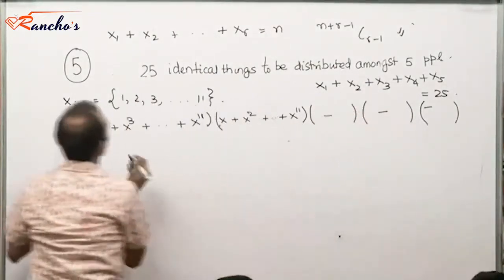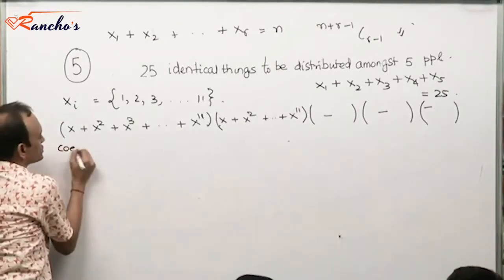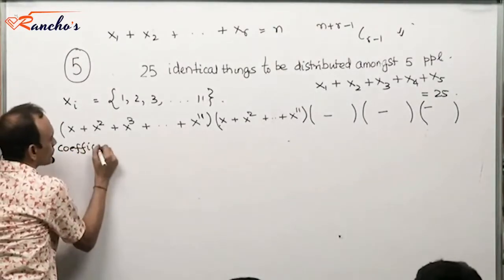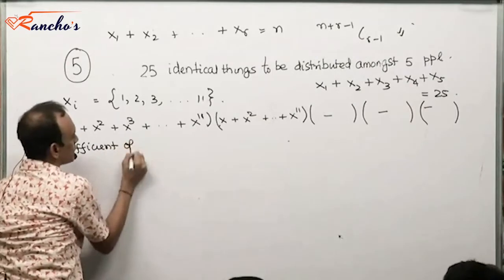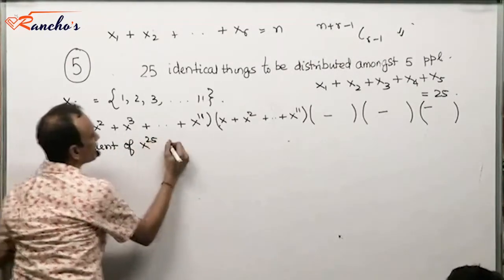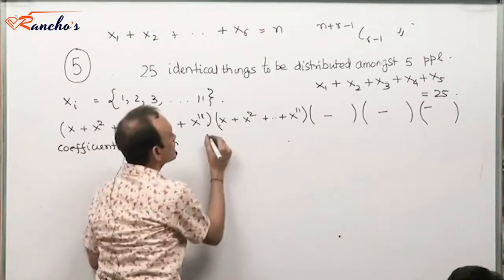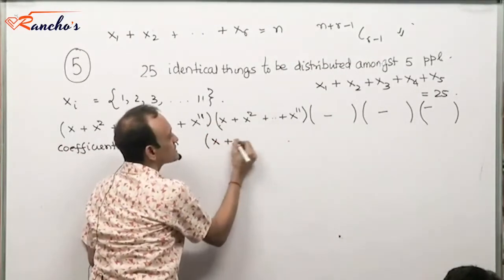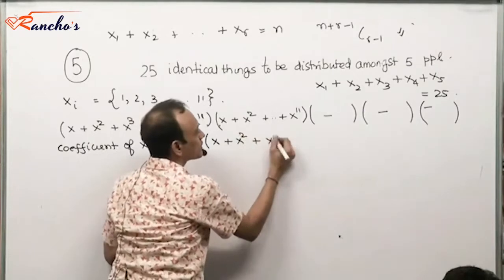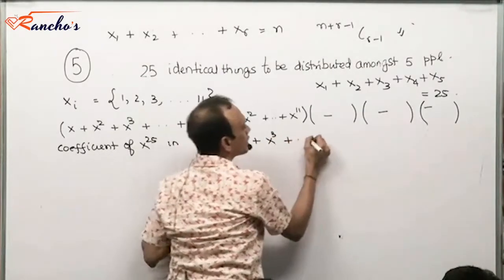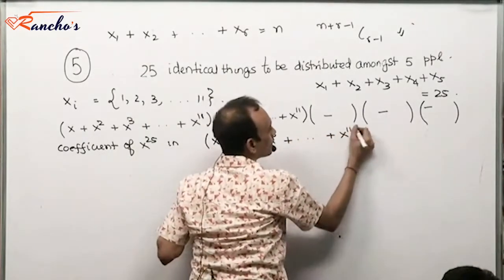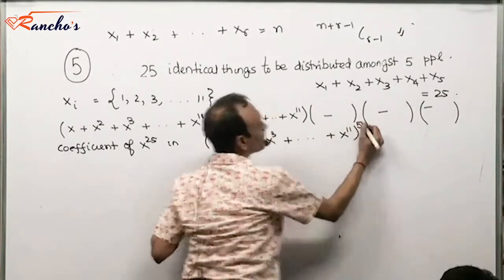So essentially we are seeking the coefficient of x power 25 in this product of 5, which is x plus x squared plus ... whole to power 5.